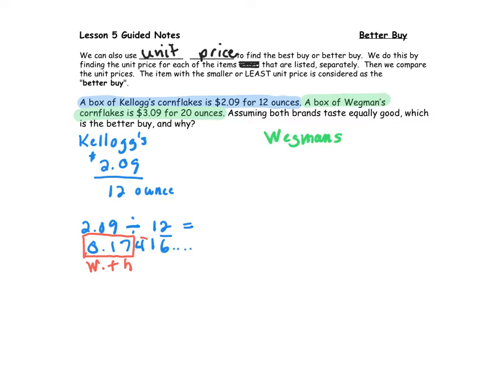And we just need to look at the bossy number, the number that's directly behind where we cut the number off. And if this bossy number is 4 or less, we give this number a rest. Or if it's 5 or more, we raise the score. So the unit price for Kellogg's is going to be 17 cents per ounce.